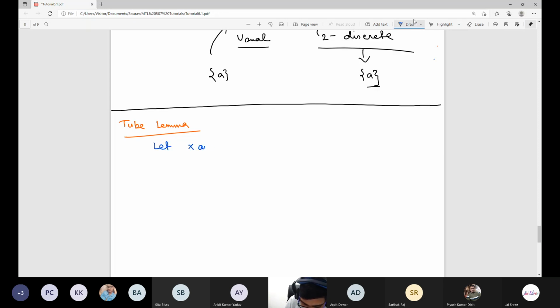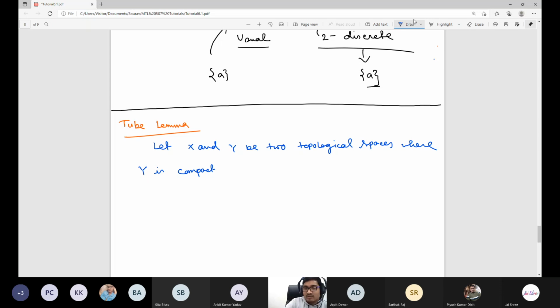Let X and Y be two topological spaces where Y is compact. See, with X there is some topology tau 1 and with Y there is some topology tau 2.